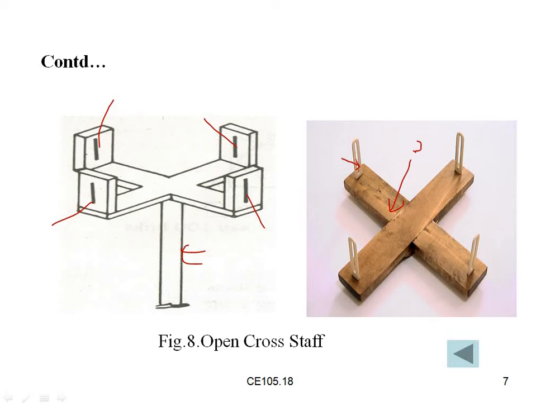The object should be visible from this point, and if you see from the opposite side, it should be visible from that point, so that from one side to another side the object should be visible. This is the open crossstaff generally used for setting right angles.